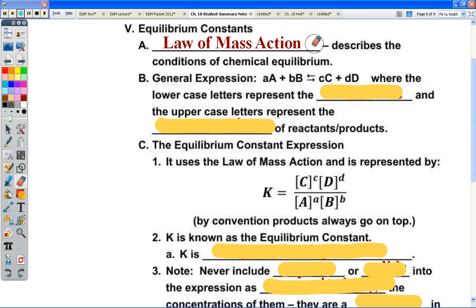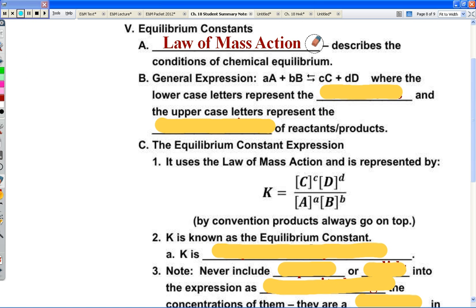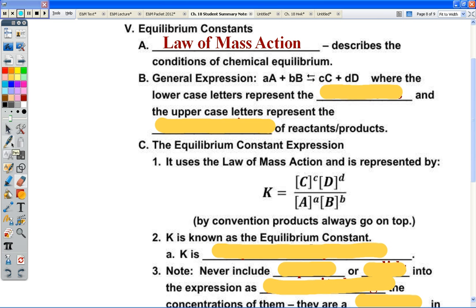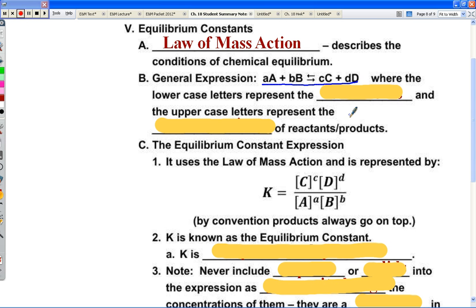So the law of mass action describes the conditions of chemical equilibrium, and it works like this: if we just have a general expression where this right here is our chemical equation, where little a is the coefficient, big A is the actual reactant or product.